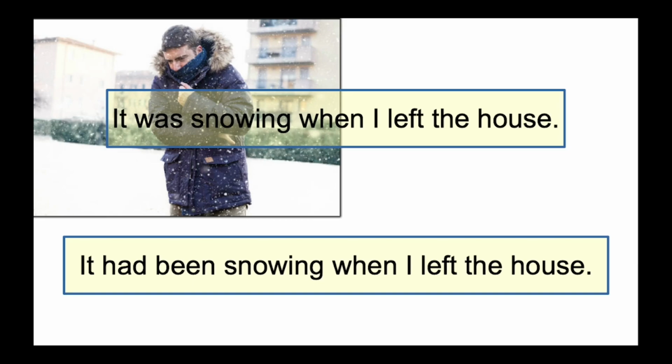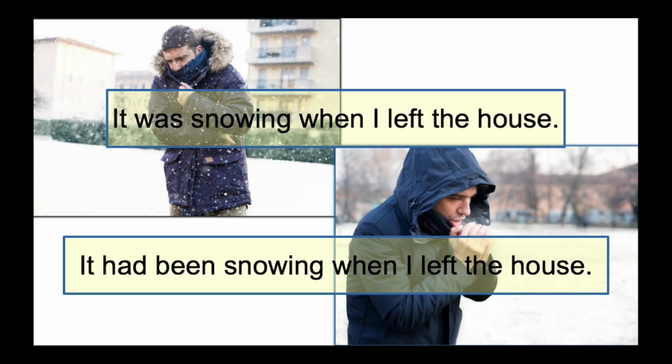The second sentence tells you that when I opened the door and stepped outside the house, I could tell that it had been snowing, but it stopped because there were no snowflakes falling from the sky at the moment I stepped out. But of course, the ground was white and covered in snow because it had been snowing previously.